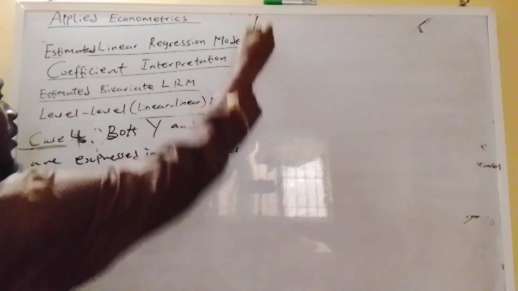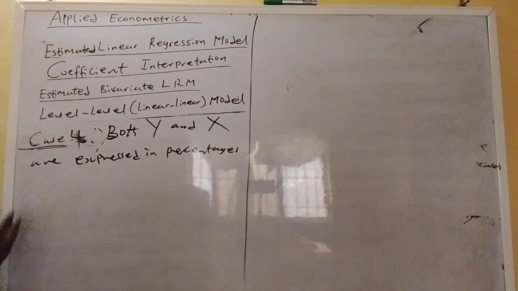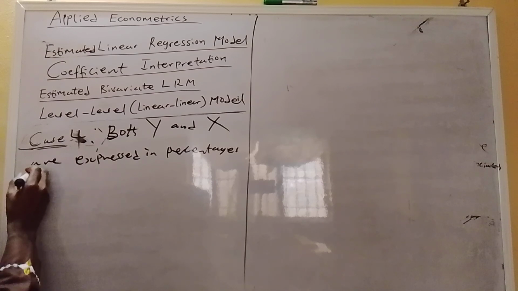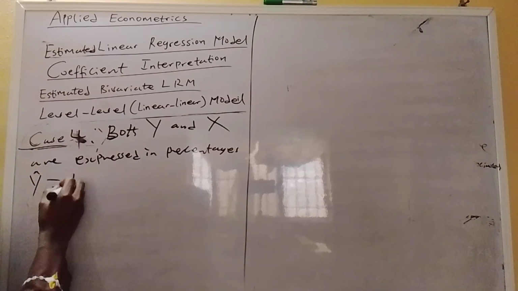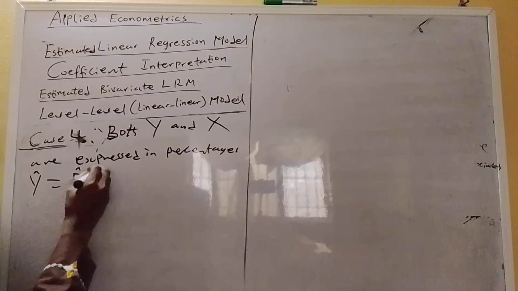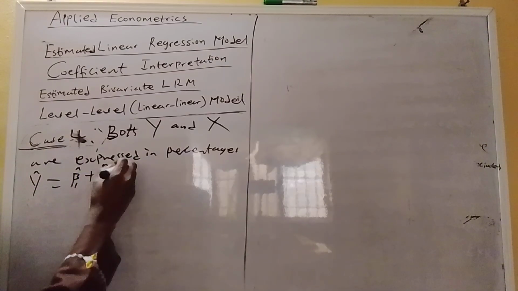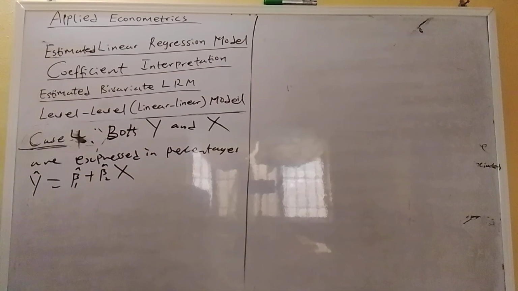So how do we interpret? Let's say we have this estimated model, which is beta 1 hat plus beta 2 hat x. How do I interpret this model if both variables are expressed in percentages?